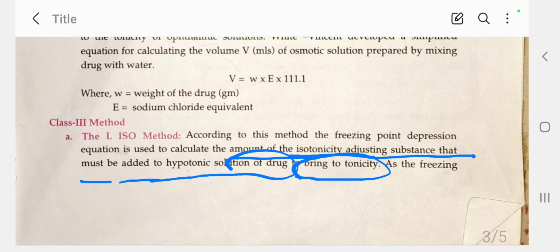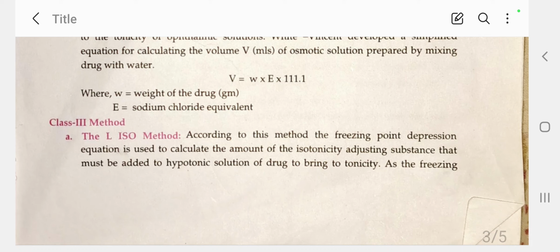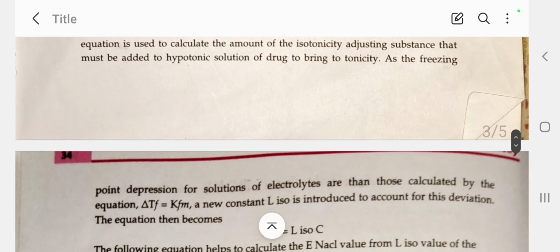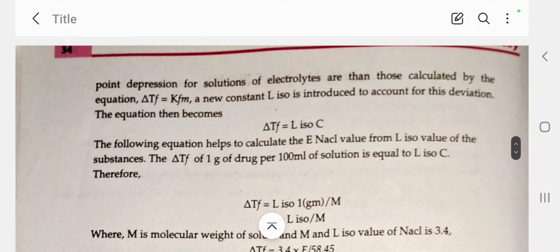The freezing point depression for a solution of an electrolyte is denoted as delta TF, which is equal to KFM, a new constant.